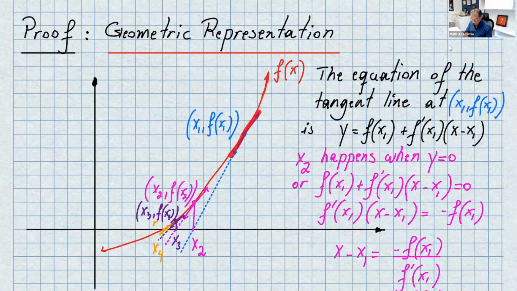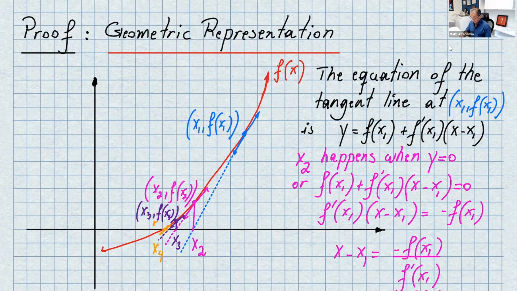If I draw a tangent line at that point, the equation of that tangent line is given by y equals f of x1 plus f prime of x1 times x minus x1. So now what we want to do is take this line and put it equal to 0. Geometrically, if I put that equal to 0, it cuts the x-axis, and I can call that number x2.